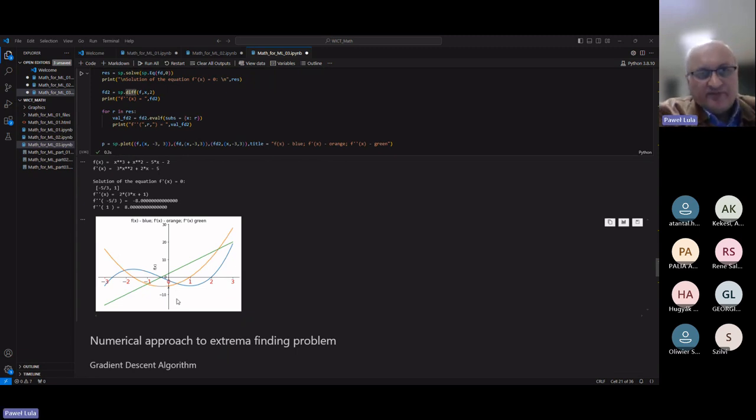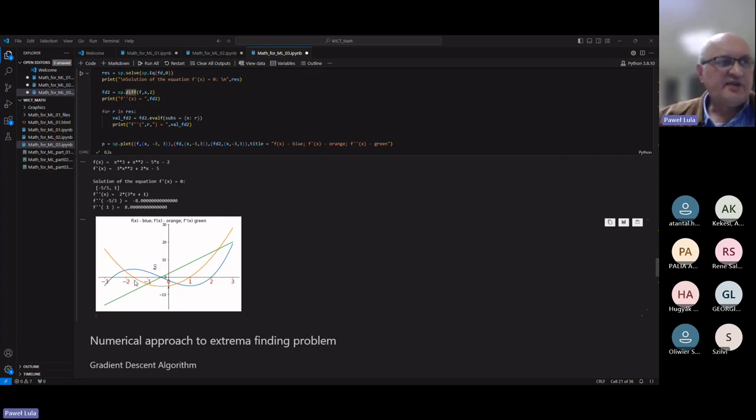This is the same function which I used in our previous example. The function is presented by this blue line. The yellow or orange line is the first derivative of this function. Green is the second derivative.